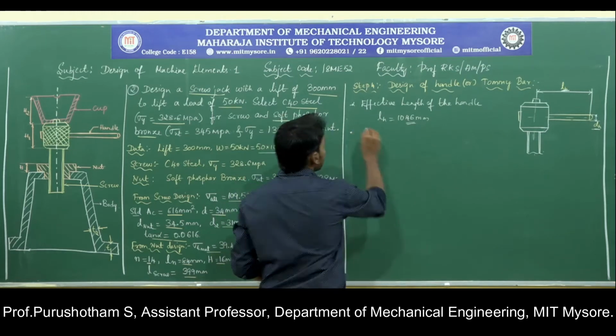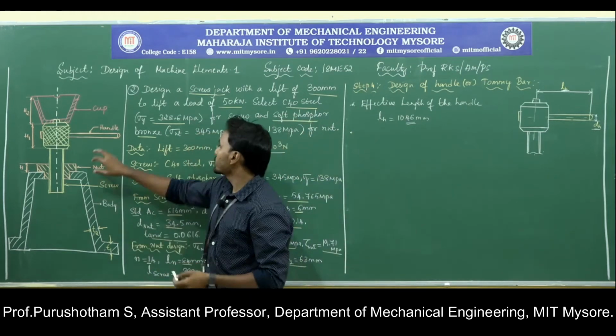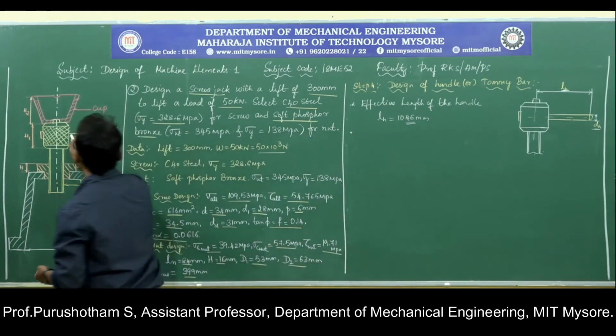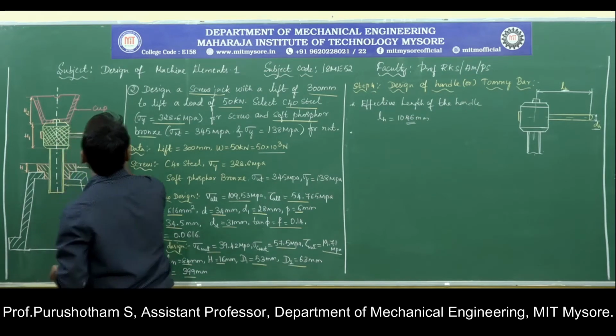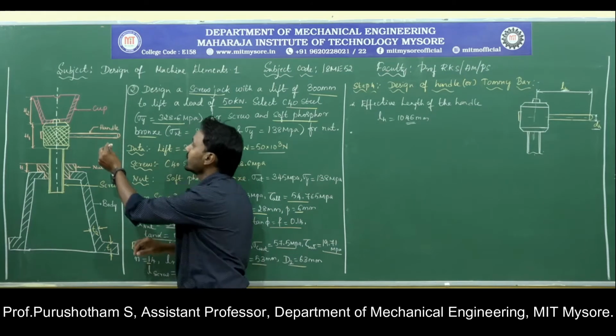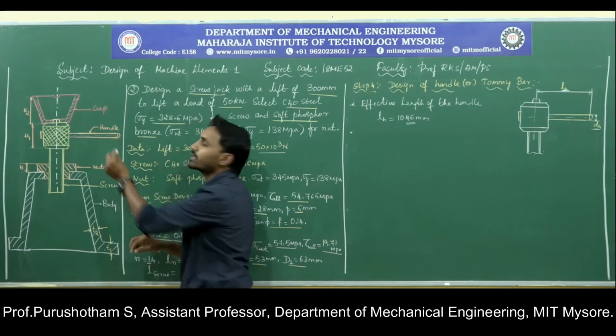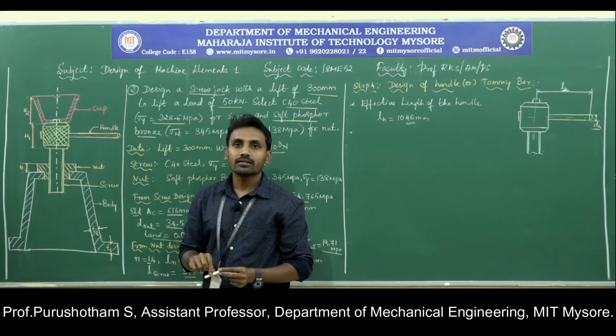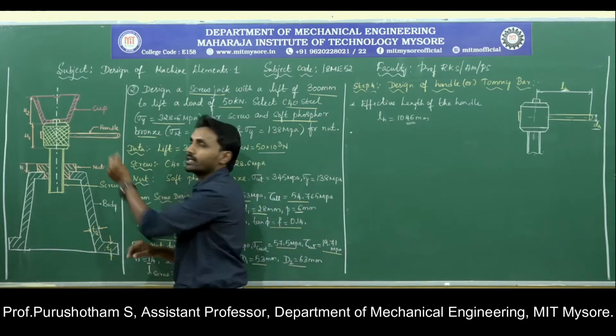So this will be the handle, and this will be the axis of the handle. When you apply a force perpendicular to the axis of the handle, there will be a bending moment.